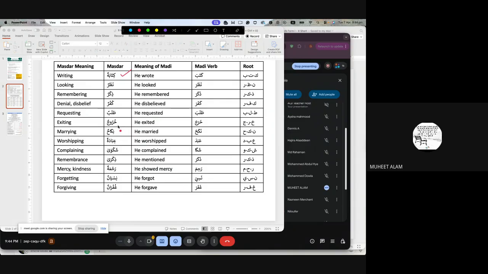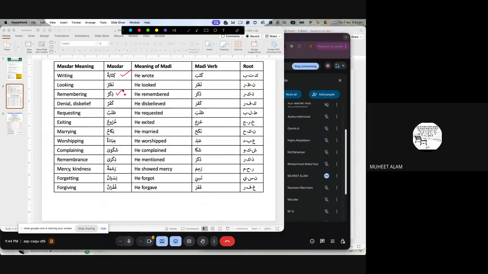Third is zakara. The mazi verb is zakara, which means he remembered. And the masdar of this is zikrun, the idea of remembering without an actor. Now, kafara, which means he disbelieved, the masdar of this is kufrun, denial or disbelief.